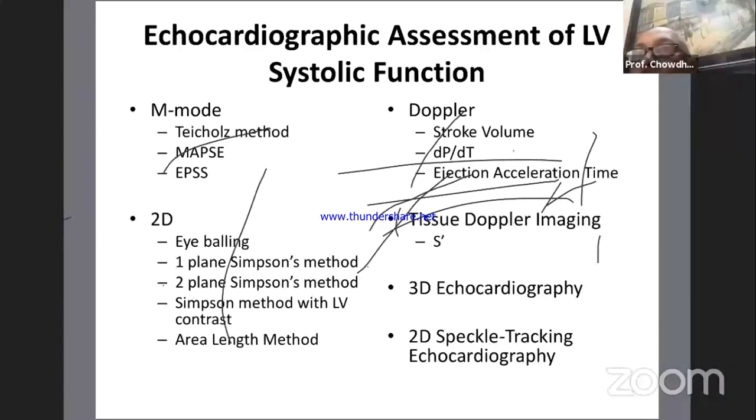But in other cases, when we have normal left ventricular wall motion or global hypokinesia, then probably we can still use the Teichholz method. But I would like to see some other method which can really cross-check the measure we have obtained from eyeballing or from the Simpson method.